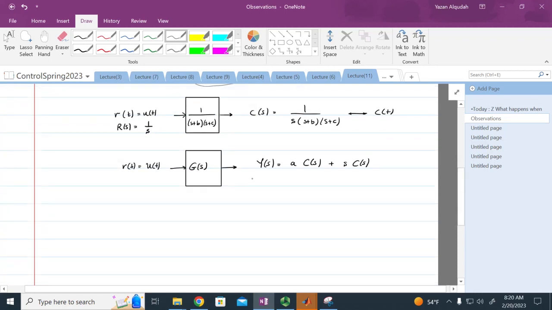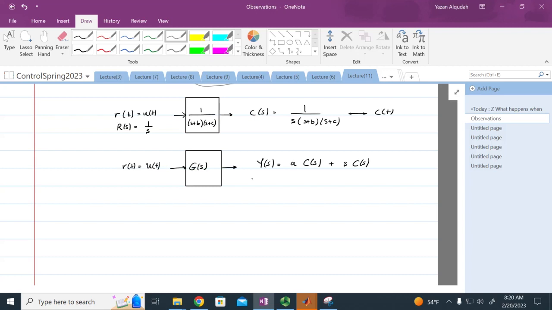Now what does this represent if I look at this Y of s compared to the second order system? A is just a constant, so it scales this output of a second order system. And what is s multiplied by C of s? For people who recently took the exam.